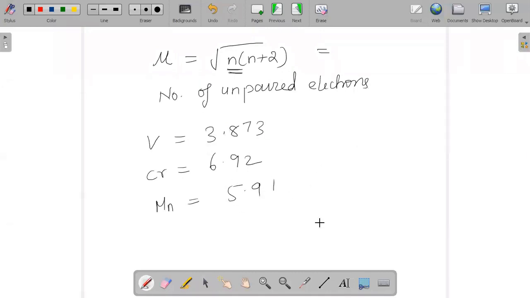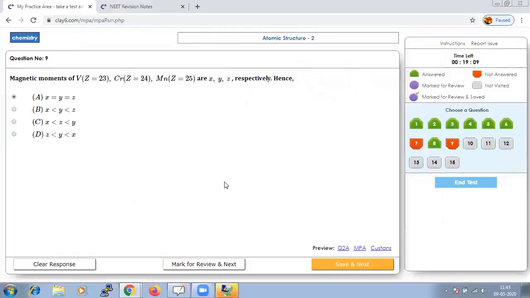You will get this on calculating by substituting the number of unpaired electrons into this formula for the n value. From this you can conclude that our option will be C.